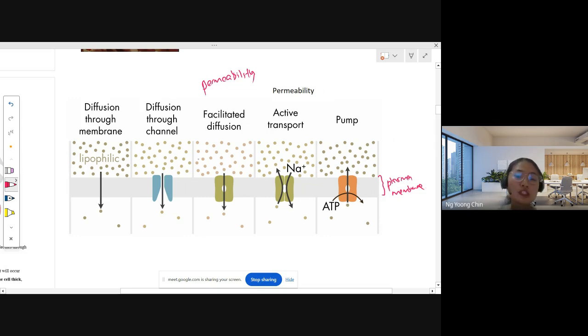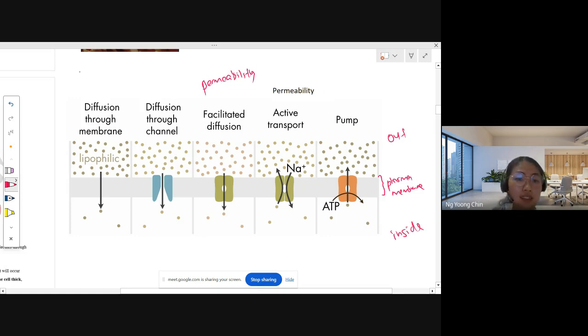This is the plasma membrane. This is the outside, and this is inside the cytoplasm. It depends on a few factors.